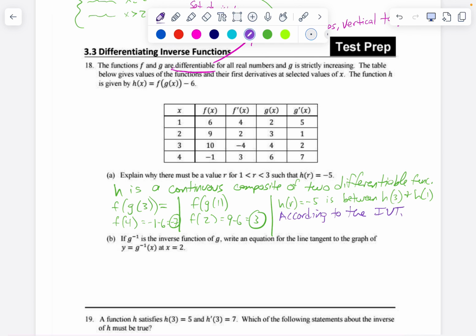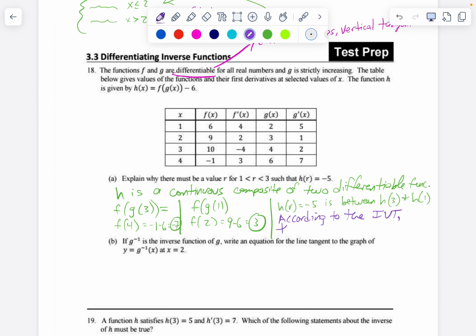According to the IVT, nope, we can't just say the point exists. We need to be a little bit more technical. Guys, nobody knows how to word this? We can just draw it out. Just say it. According to the intermediate value theorem, what?